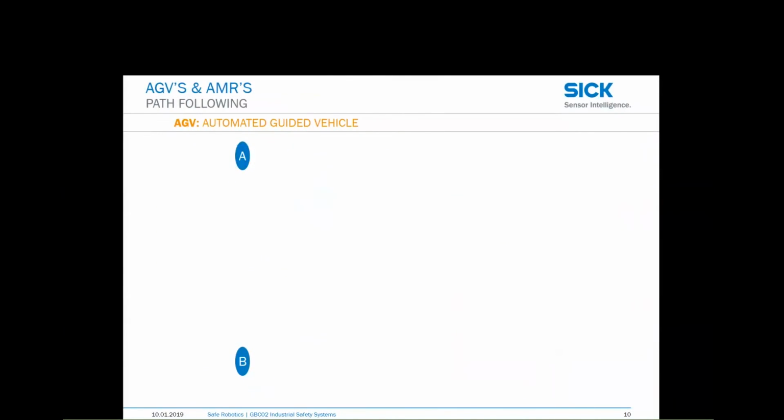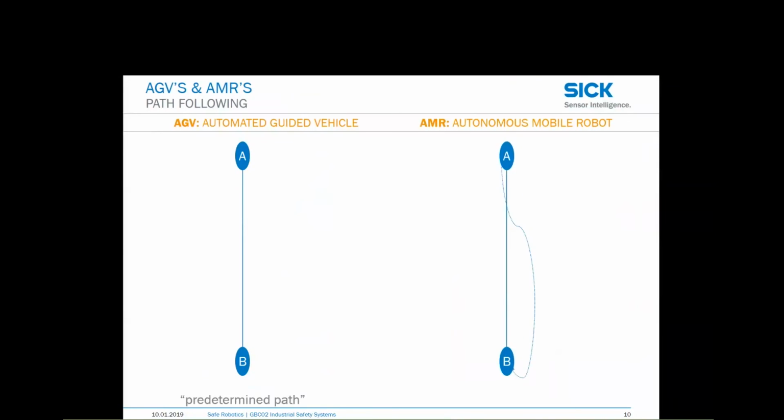So let's take a little look at path following for AGVs. Typically an AGV, again, has a predetermined path from A to B. When we look at an autonomous mobile robot, however, it may take a predetermined path, but it may have path planning. It may take other routes to get through the facility from A to B. Therefore, it can leave the predetermined path and find its own way through its navigation.